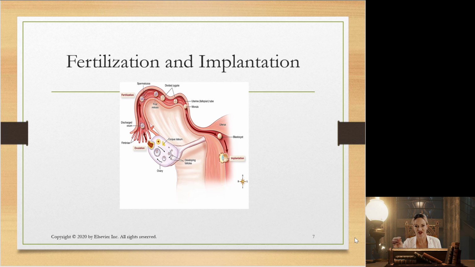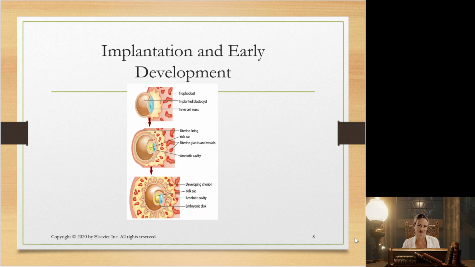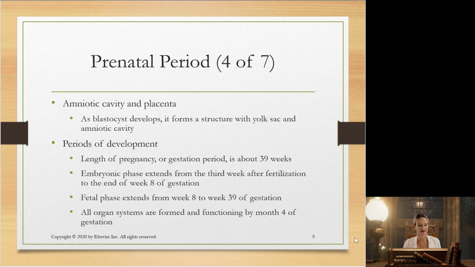The zygote becomes a morula, goes down into the uterus as a blastocyst, and then it implants. Implantation and early development. This shows how the implanted blastocyst has an inner cell mass, amniotic cavity, and yolk sac.